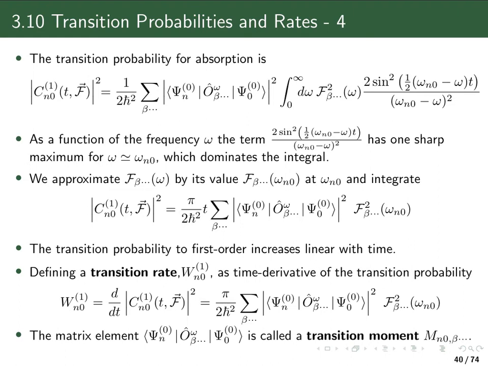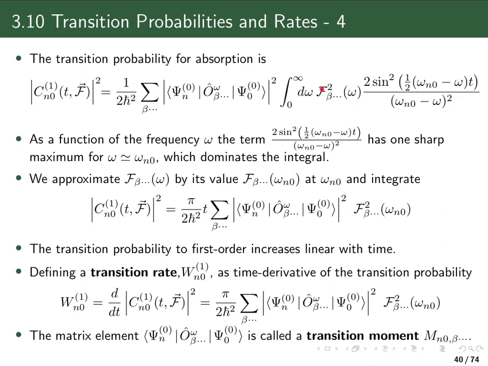And as I just discussed, this term here has a sharp maximum at the frequency of the radiation being equal to the transition frequency. So, that obviously dominates this integral over all the frequencies. And therefore I can approximate this integral by replacing the amplitude for all the different frequencies just by the value of the amplitude for the only frequency which really matters in the integral, which is the transition frequency.